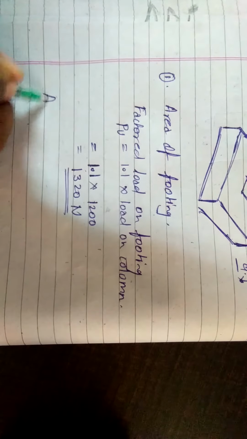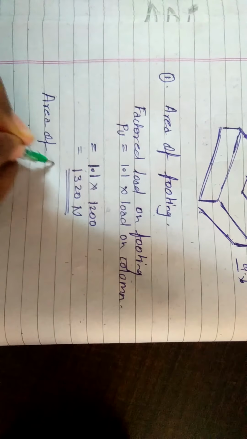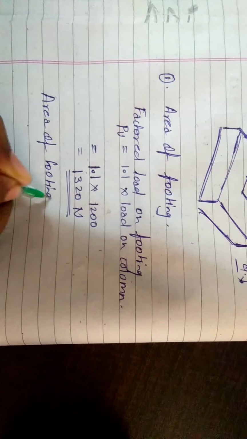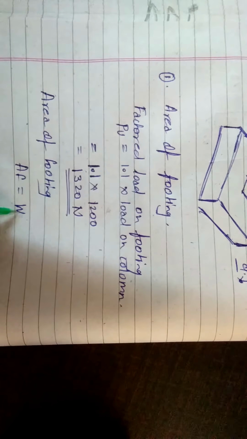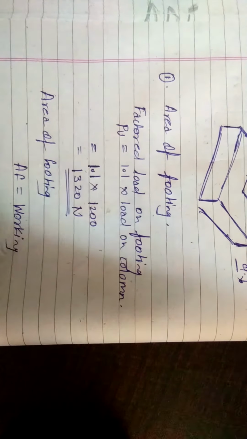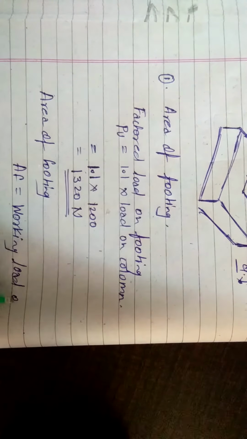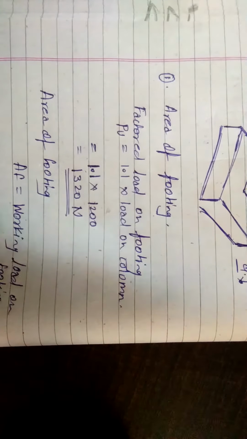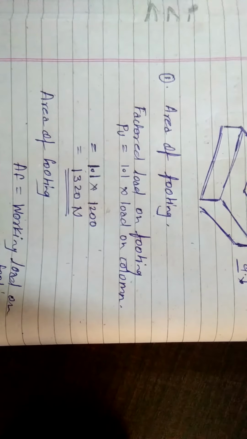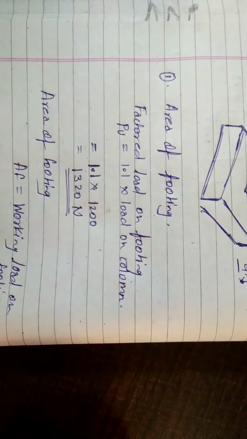Now let's find the area of footing, that will be AF is equal to working load on footing divided by SBC, the safe bearing capacity of the soil.